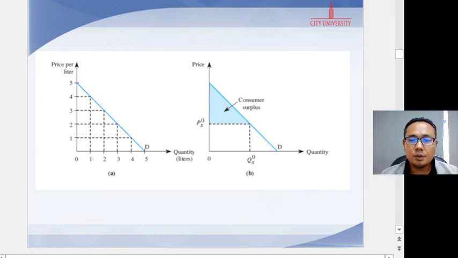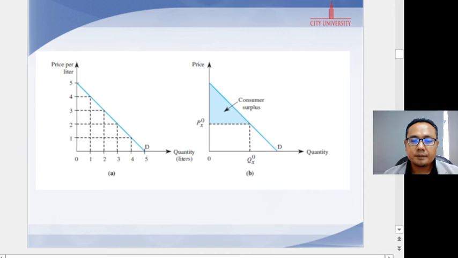As you consume more water, the amount you are willing to pay for an additional drop declines, and so on as you move down the demand curve. Notice that after you have consumed an entire liter of water, you are willing to pay only $4 per liter for another drop. Once you have enjoyed 2 liters of water, you are willing to pay only $3 per liter for another drop.